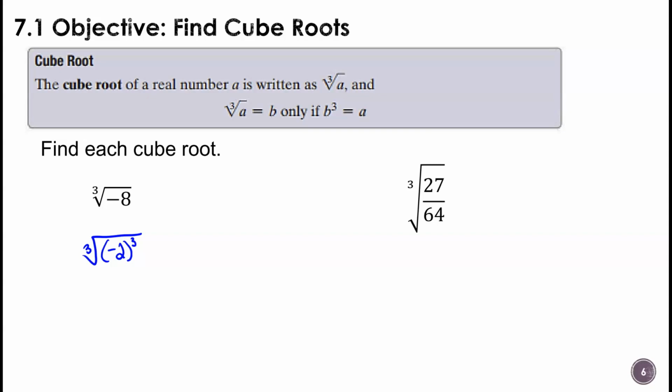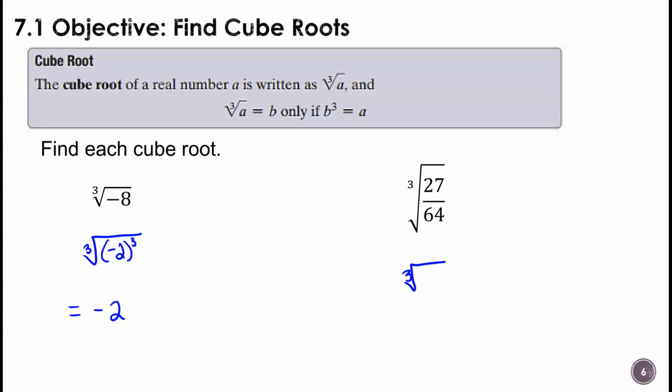And because this is an odd root, right? 3, 5, 7, those are odd roots. It's okay if there's a negative under the radical because it is a real number answer. So this answer is -2. And then you'll get more familiar with these as you work in this chapter.